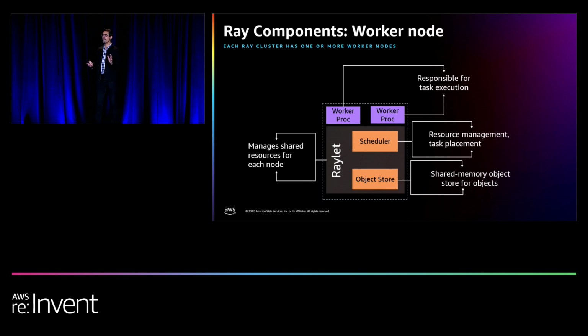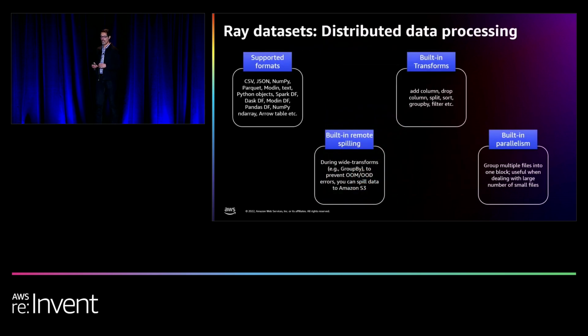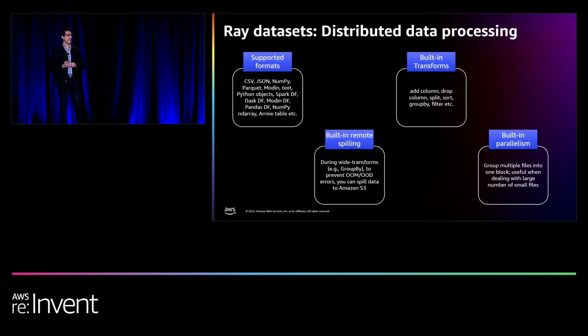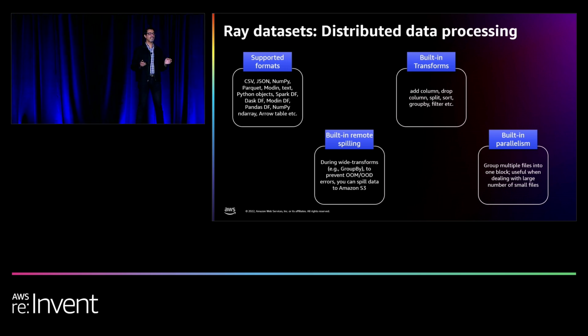So now that you understand the basic idea about Ray, let's look into how we can use it with Ray datasets. Ray datasets, as I said, is the standard way to load, process, and exchange data between Ray libraries and applications. Ray datasets works over a wide variety of file formats, CSV, Parquet, NumPy, to name a few.